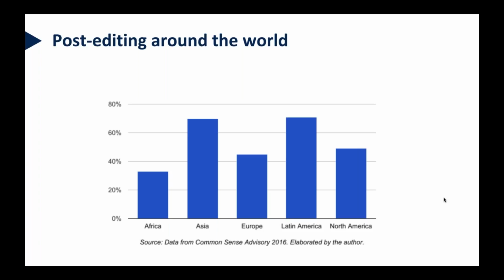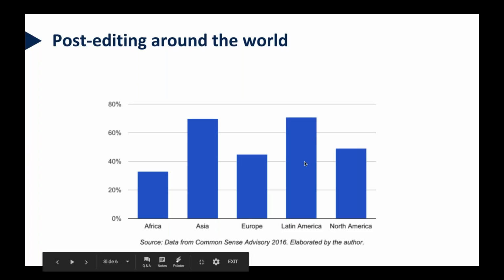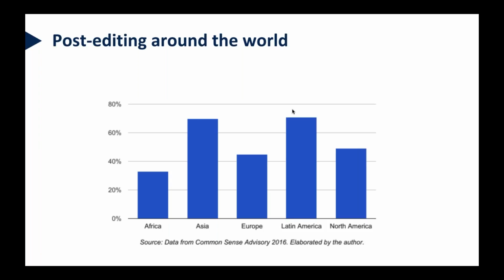Now, as you can see, the replies have been categorized by continent, and you can see here that Asia and Latin America have been among the largest providers, with basically 70% of the participants providing post-editing service, or at least declaring to do so.